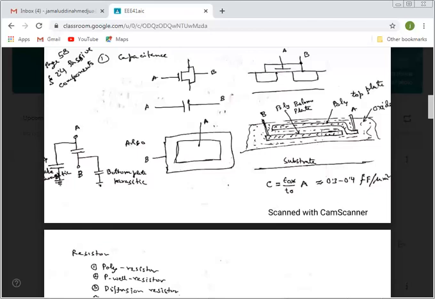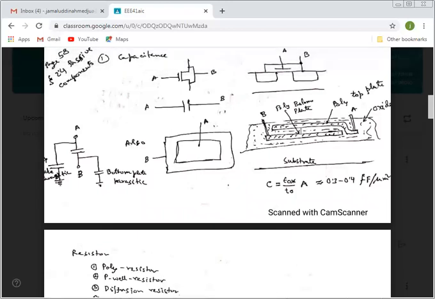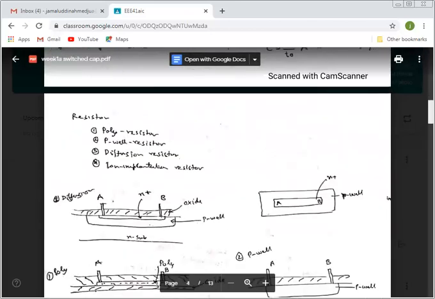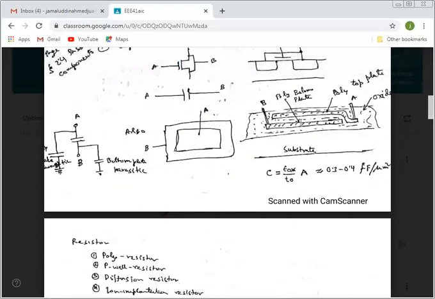So if we look into the cross-section view, this is the B, and then the top metal is the A, which is connected to this contact. B is connected to this contact, and between A and B is the oxide. So it acts as two plates with an oxide layer in between. And the capacitance of this type of capacitor is given by C equals epsilon oxide divided by oxide thickness times the area.